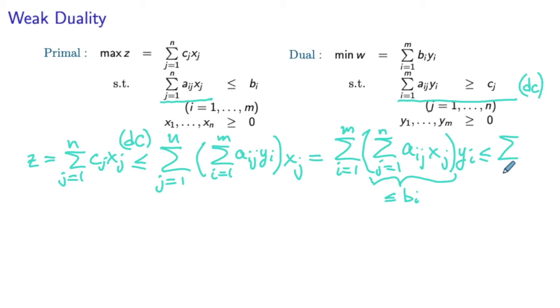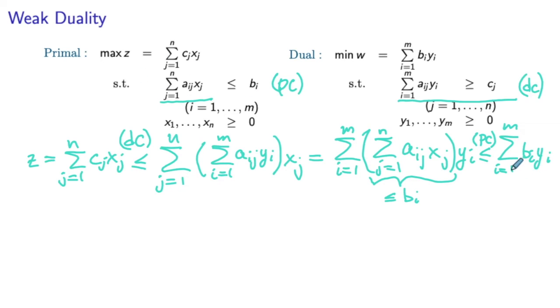And this will be the summation over i's between 1 and m of bi's yi's. To get this inequality, we took advantage of the primal constraint. So if I denote it by PC for primal constraints, then we'll have this inequality following from these constraints here.